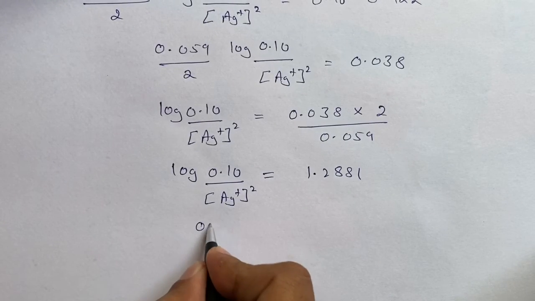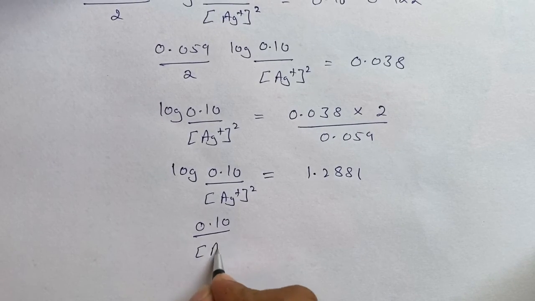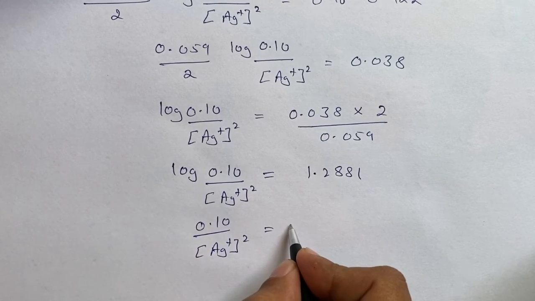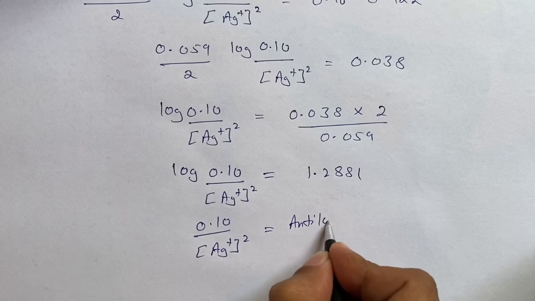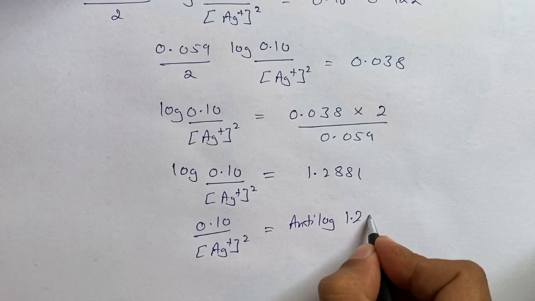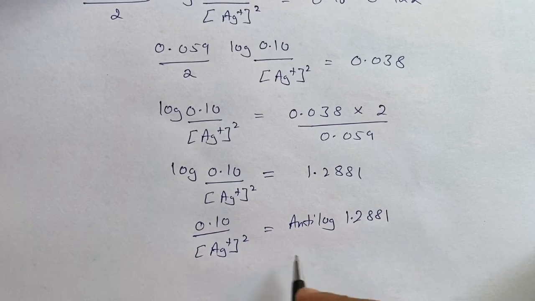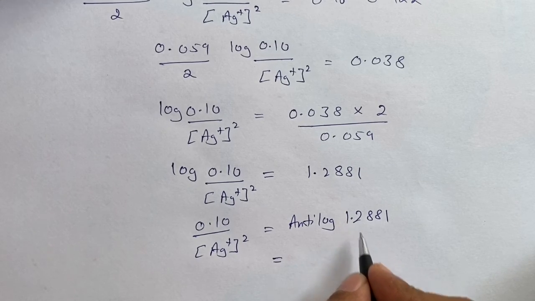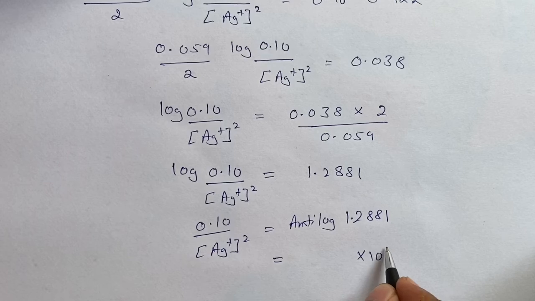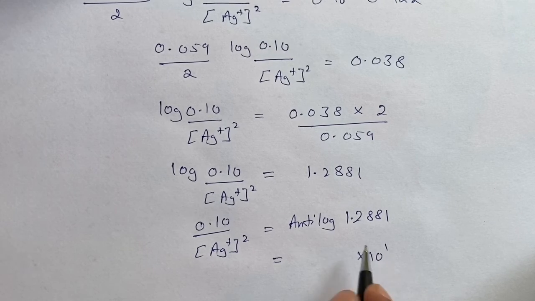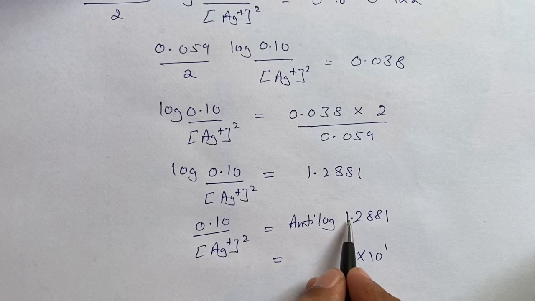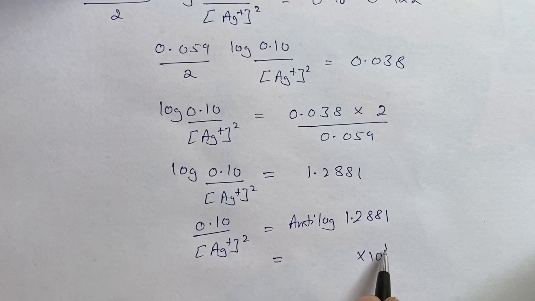Solving the equation further, the log is shifted and it will now be the anti-log of 1.2881. The rule for finding the anti-log is, the number before the point comes as the power of 10. If 1 is written, 10 raised to power 1. If 2 is written, 10 raised to power 2. If 40 is written before the point, 10 raised to power 40.